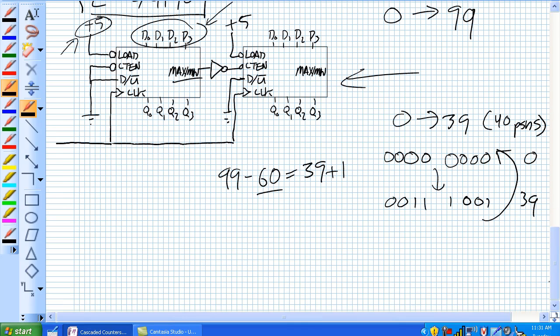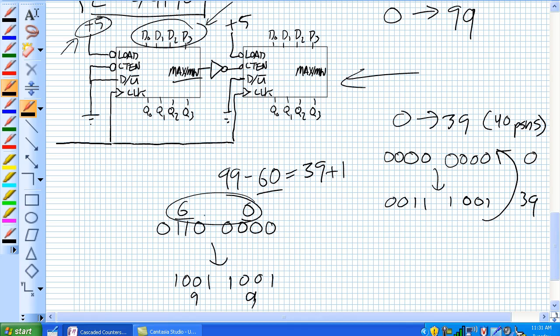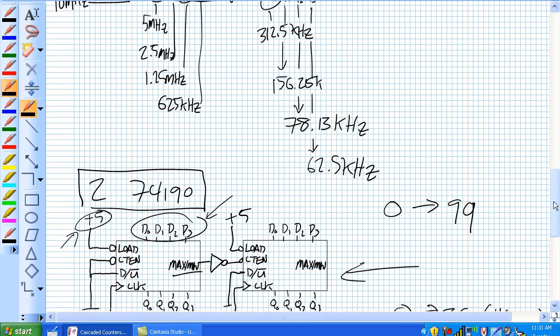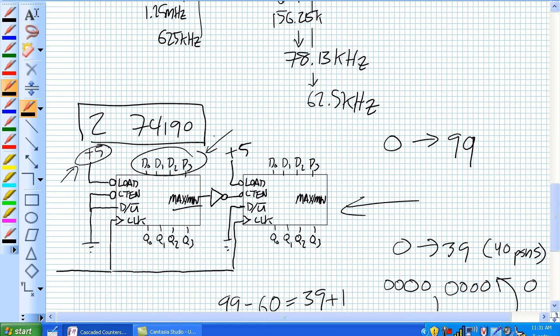So why don't we just start at 60, 0110 0000, and count to 99? That's still 40 positions. The trick is how do we start at 60? Use these data inputs right here. Just start dangling 60 off of that.